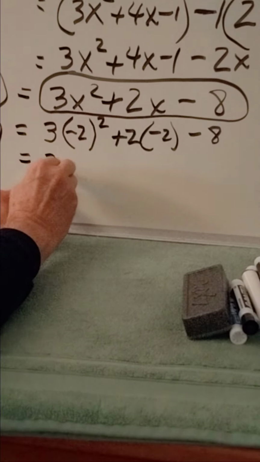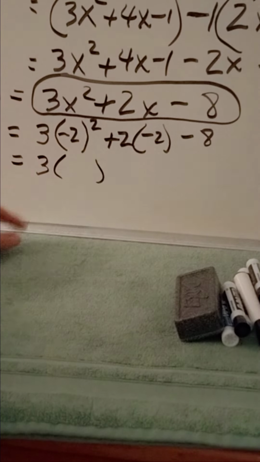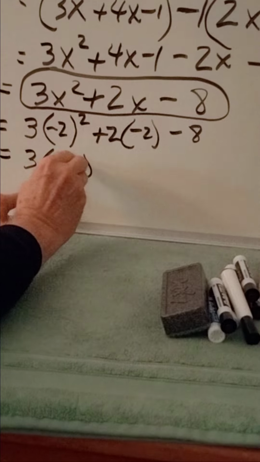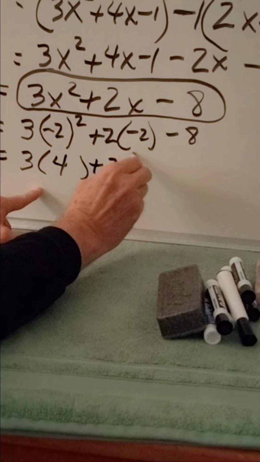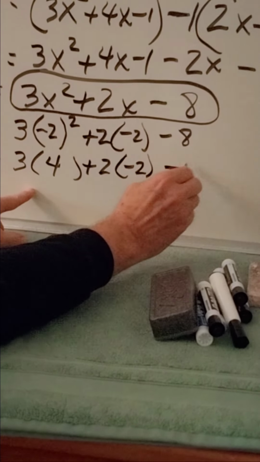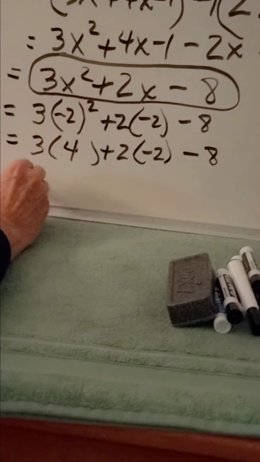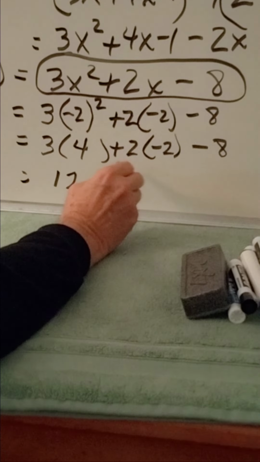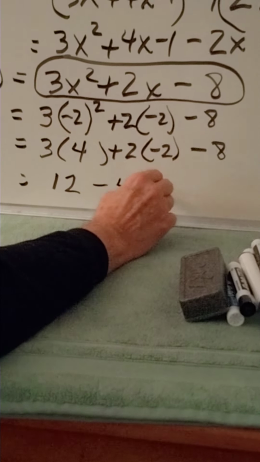Bring down the 3. Make the house. -2 to the second power would give us 4. +2 times -2, -8. Another step, multiply out. 12. Positive times negative would give us a -4 coupled with a -8.